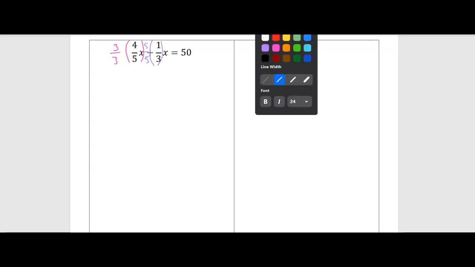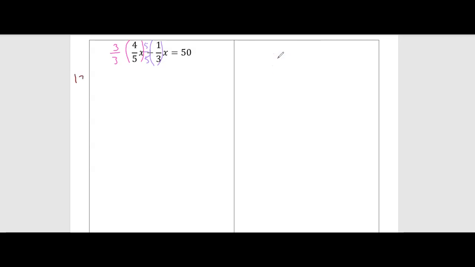What that gives me is 12/15 x plus 5/15 x equals 50. Now I can add the two fractions together. I get 17/15 x is equal to 50. Again, a couple things you can do here.